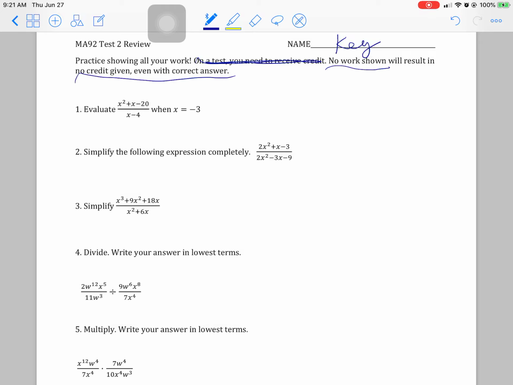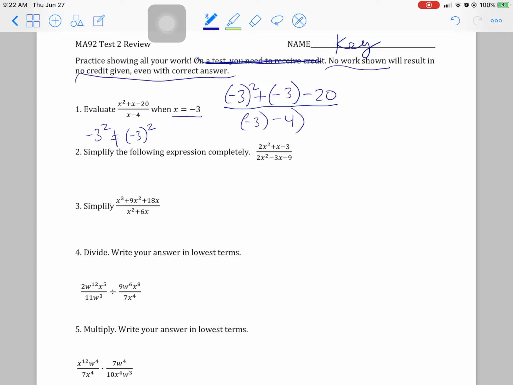So for the first one, it says evaluate. In fact, replace any x in the problem with a -3. I make sure with those that I use parentheses. The reason I use parentheses, if you think about it, does that equal that?